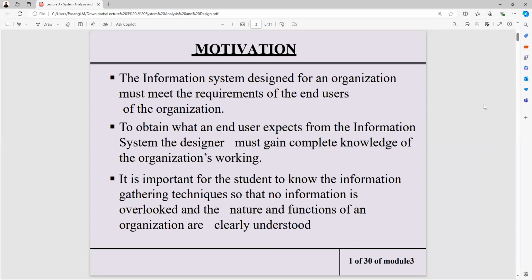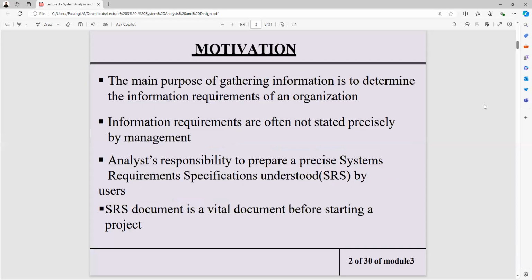Third, it is important for the student to know the information gathering techniques so that no information is overlooked and the nature of the functions of an organization is clearly understood. These are a few reasons why we need to learn information gathering.